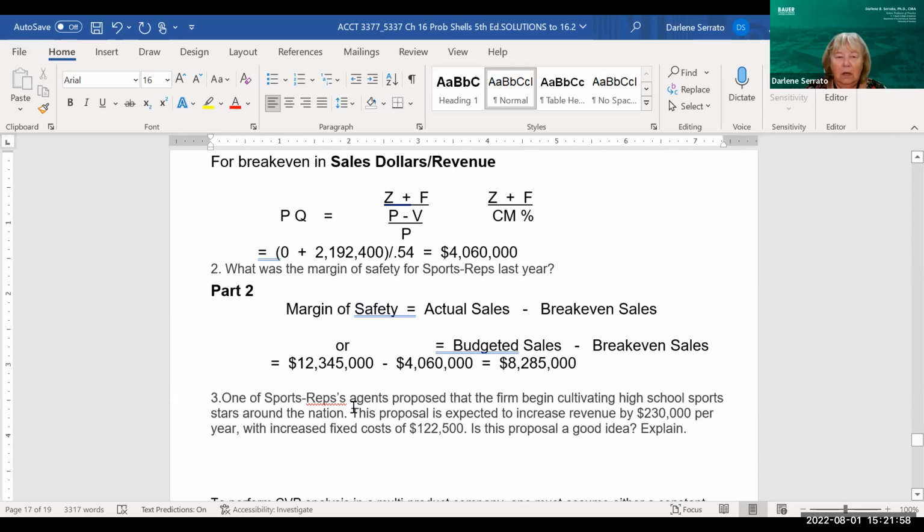Okay. They're proposing a film that should increase revenue by 230,000 per year. And the cost associated with it is 122,500. So is this a good idea? So increased contribution margin is equal to 230,000 times the contribution margin percentage, 0.54. So that's the increased revenue.